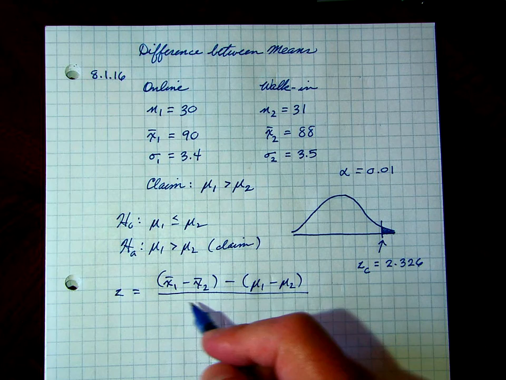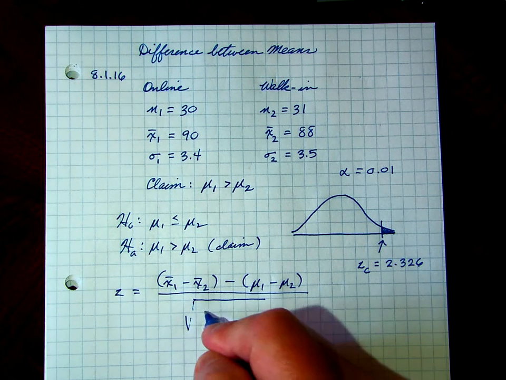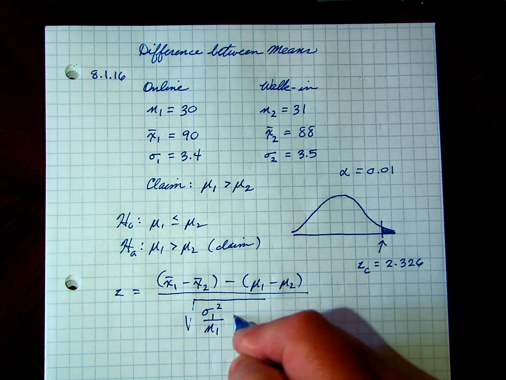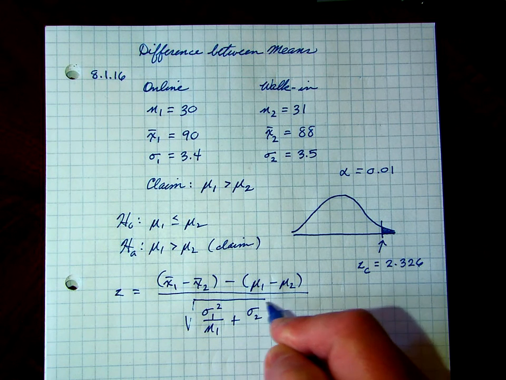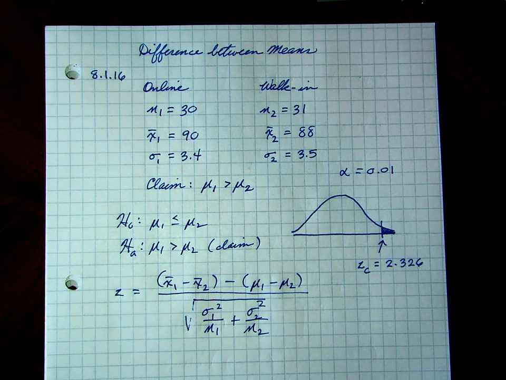And we combine the standard deviations in a rather awkward way. Sigma 1 squared over n1 plus sigma 2 squared over n2. Okay? So that's what we're looking at.